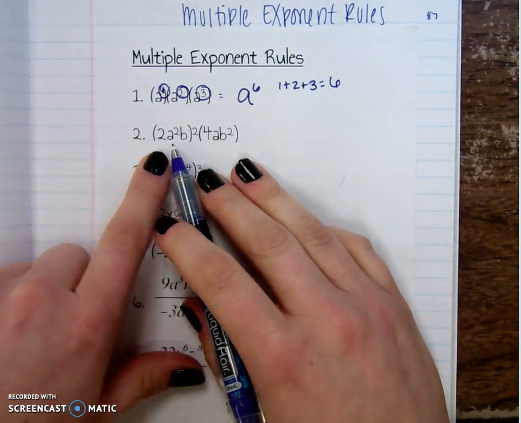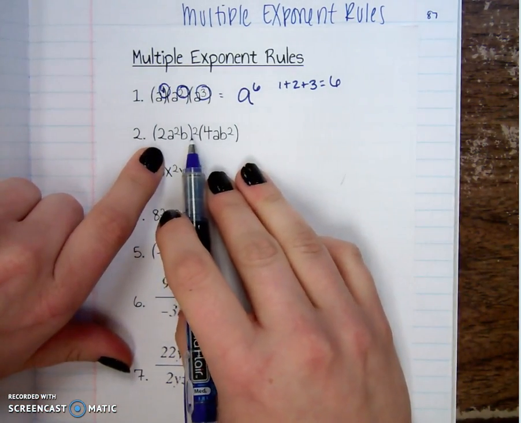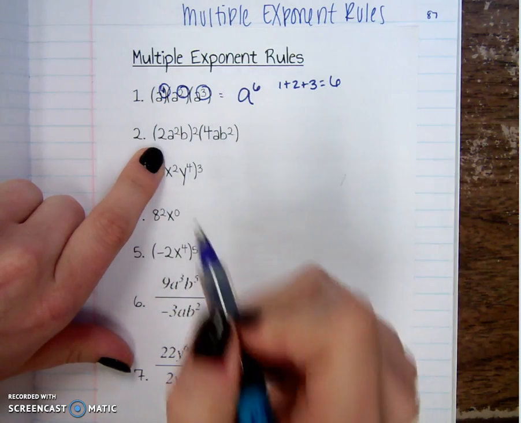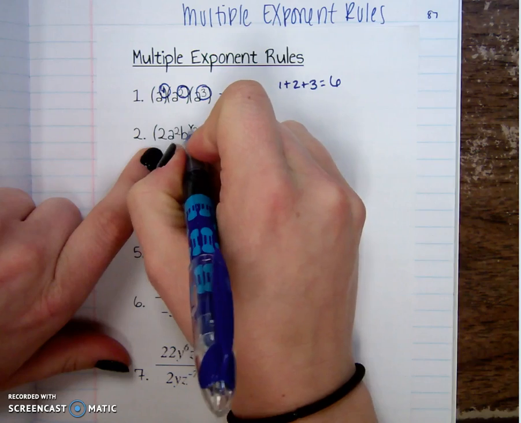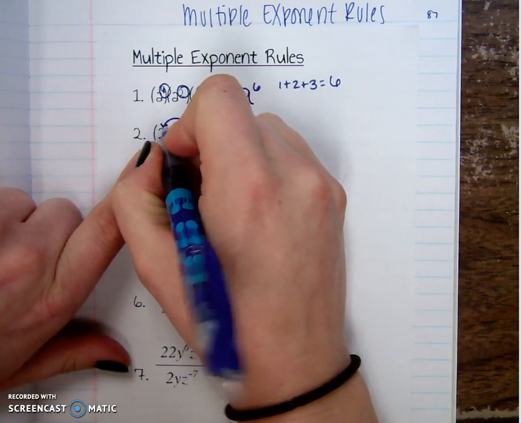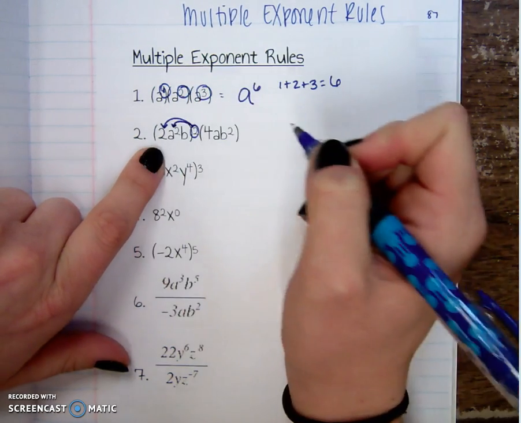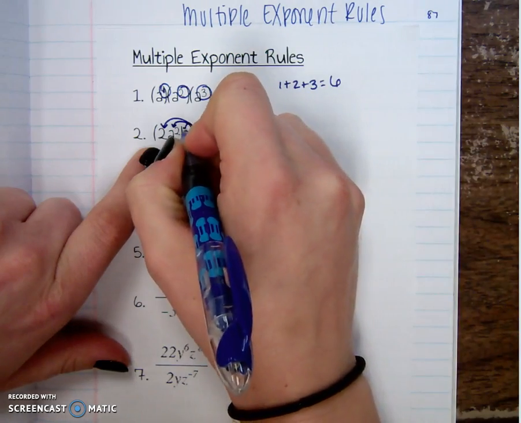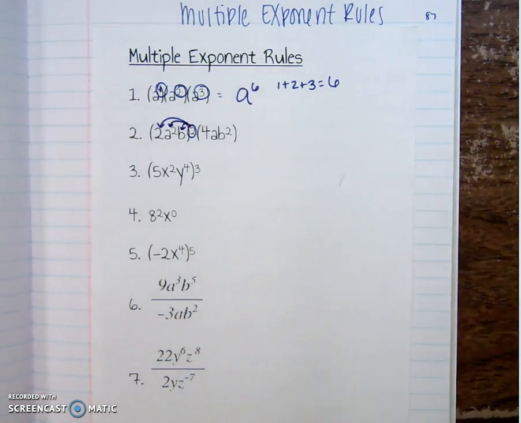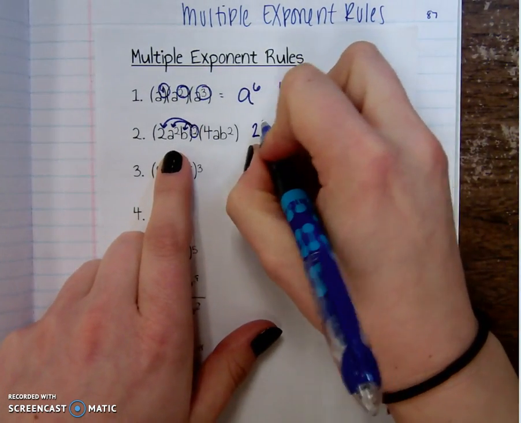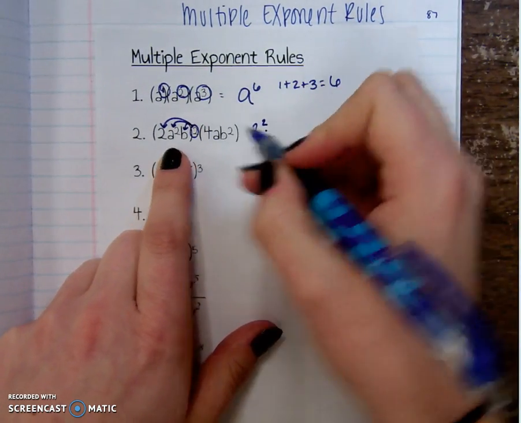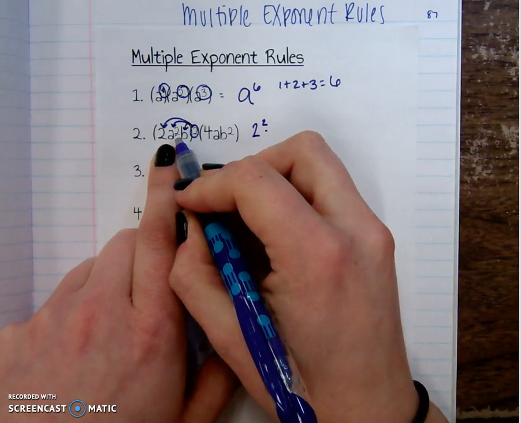Example 2. We have an exponent outside of the parentheses. That tells us we're kind of like distributing. We're going to take that 2, and it's going to be an exponent of the 2, of the a squared, and of the b. So let's rewrite that to make it a little bit easier to see. We have 2 squared times a squared, so power to a power.